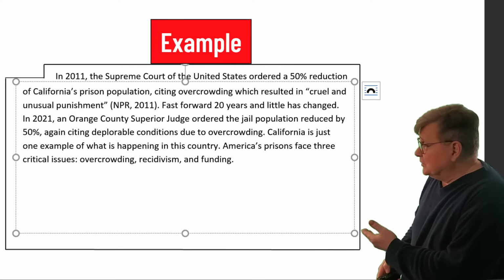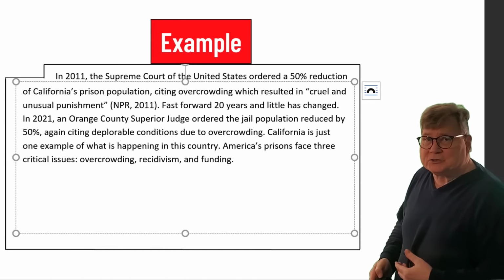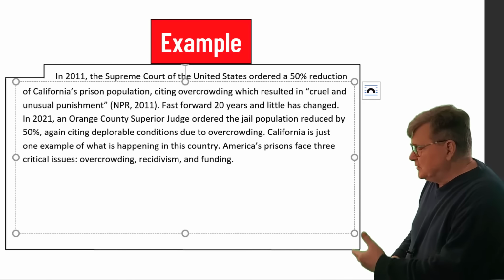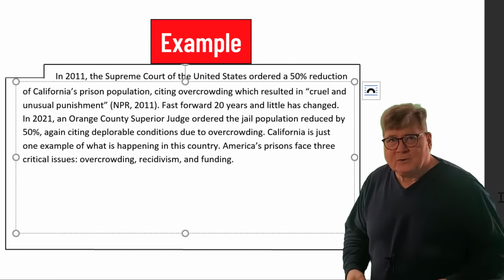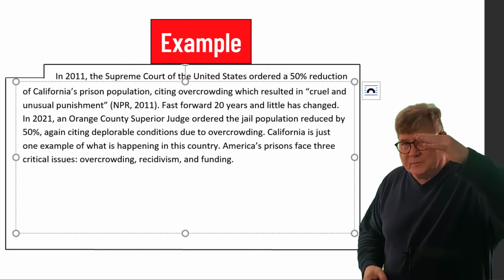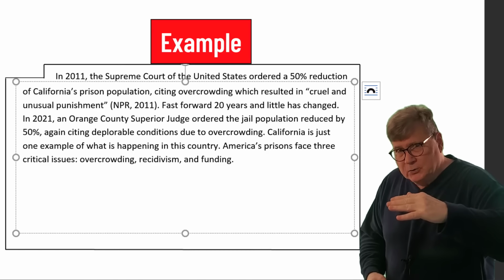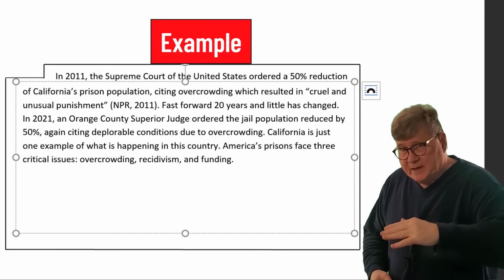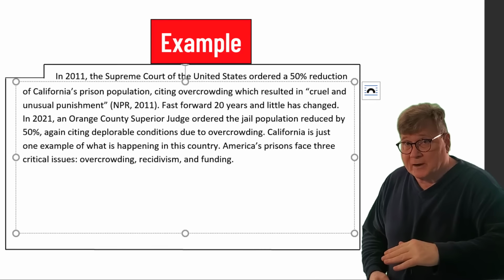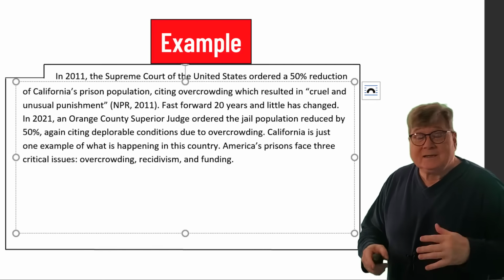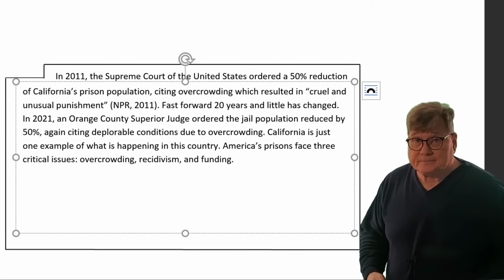America's prison system faces critical issues of overcrowding, recidivism, and lack of funding. So again, all we did was pick out a hook and let some sentences gradually lead to that thesis statement that we had put at the bottom of the paragraph. That's the formula. It is as simple as that.